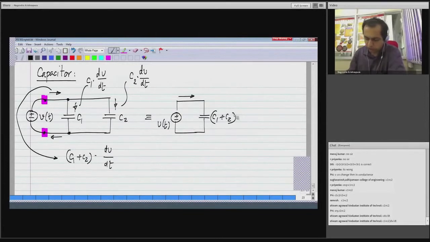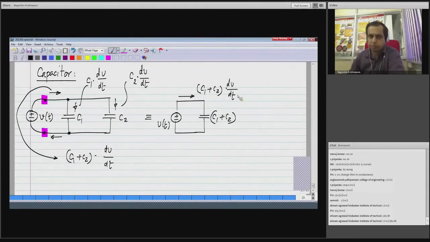The current going in here will be C1 plus C2 times the time derivative of v. So a parallel connection of capacitors will give you an equivalent capacitance, which is the sum of all the parallel capacitors.